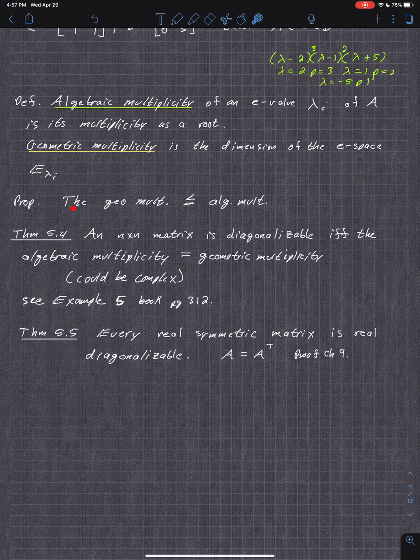One of the properties is that the geometric multiplicity has to be less than or equal to the algebraic multiplicity. And then one of the next theorems is that an n by n matrix is diagonalizable if and only if the algebraic multiplicity equals the geometric multiplicity. So it's like they match.